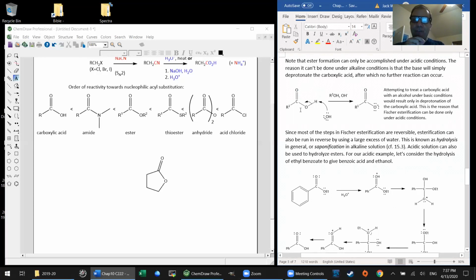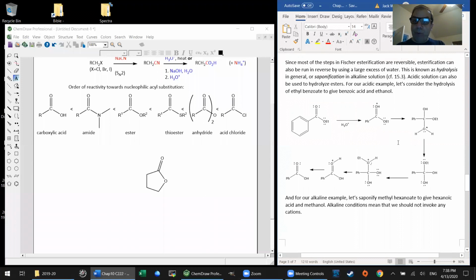If we were to dissolve our carboxylic acid, whatever it might be, in some alcohol and now add base like hydroxide, well, all the base will do is just pull the proton off the carboxylic acid and game over, it's done. There's no way that this can react further with any nucleophiles. There's already a full -1 charge on that species. So it's done. It's not going anywhere. So that's why you need to use acidic conditions. Alkaline conditions will not work for Fischer esterification.